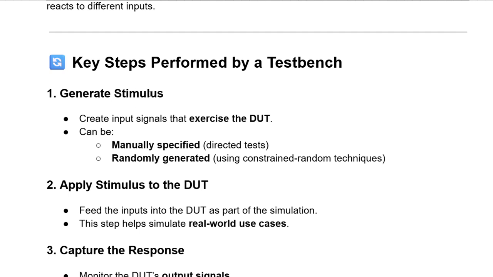In generate stimulus, create the input signals that exercise the DUT. It can be manually specified or randomly generated. Manually specified is called a direct test, and randomly generated uses the constrained random technique.